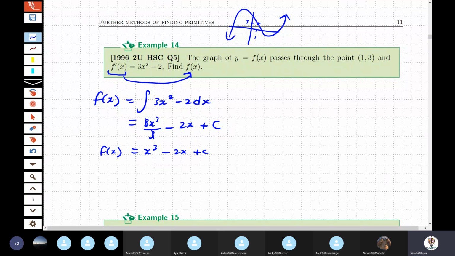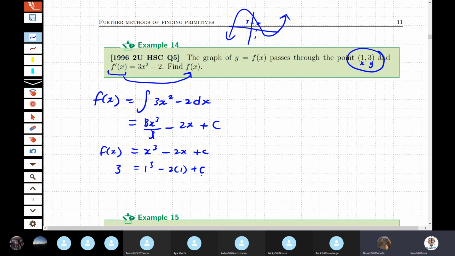But again, it specifically told you it goes through a point. What letters are these? What letter is this and what letter is this? X and y. So you're going to sub x is 1 and y is 3. What letter will you solve for?